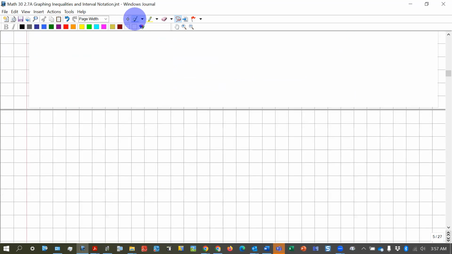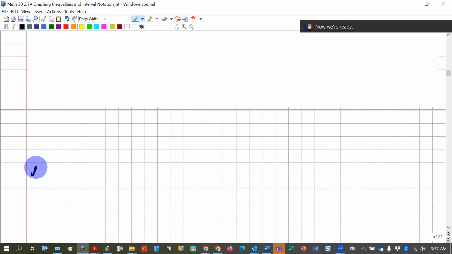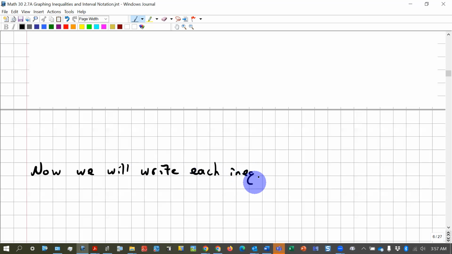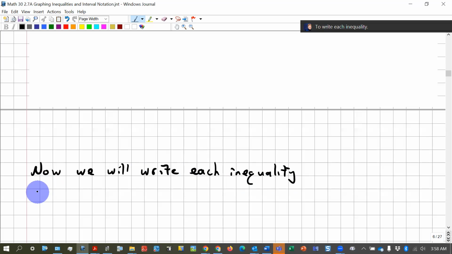Now we're ready to write each inequality in interval notation.